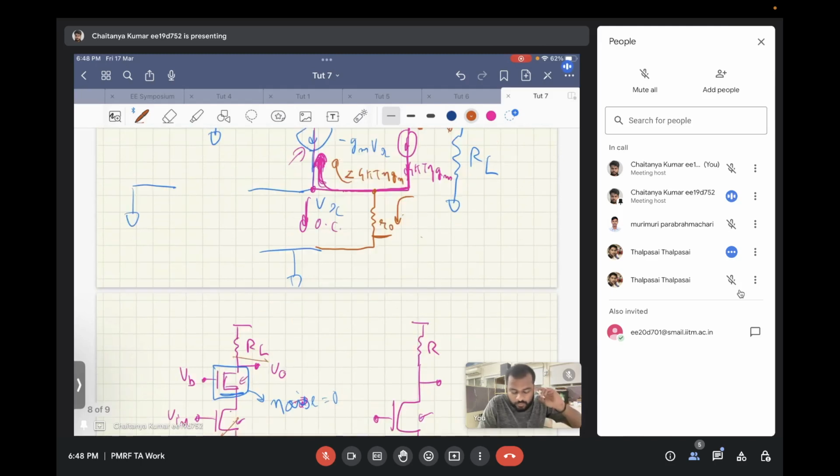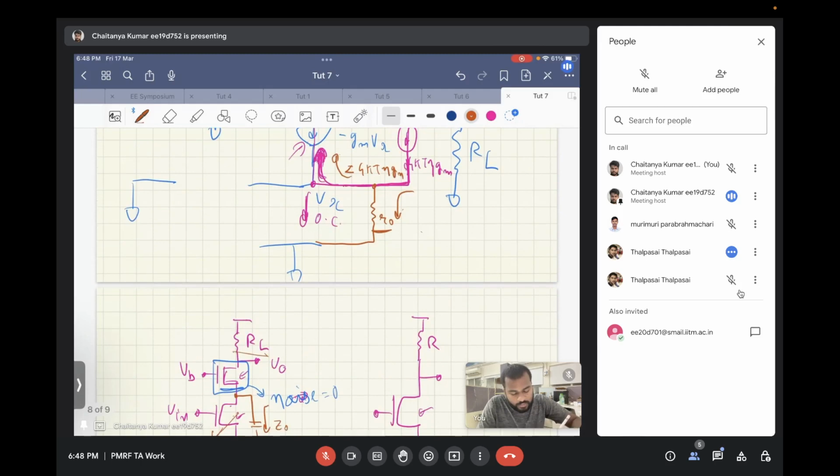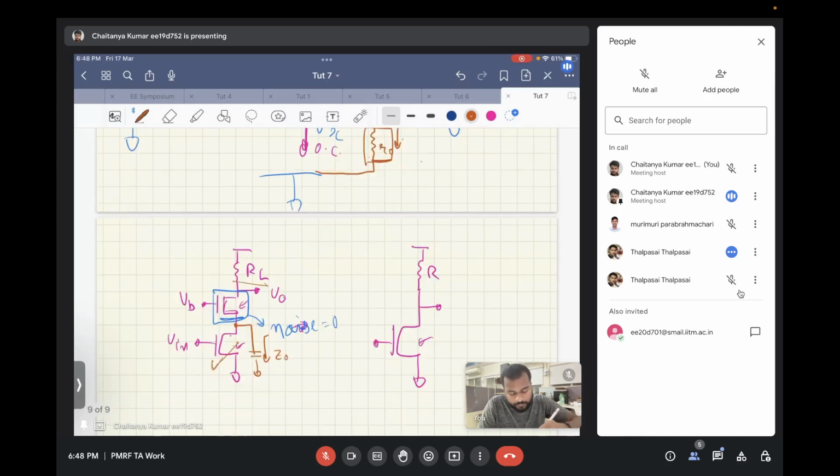However, at higher frequencies, what will be the case? There will be some parasitic capacitance at this node. As the frequency keeps on increasing, the impedance we are seeing due to this parasitic capacitance will keep on reducing. That is equivalent to saying the impedance that we are seeing at this node, Vx, will keep on reducing.